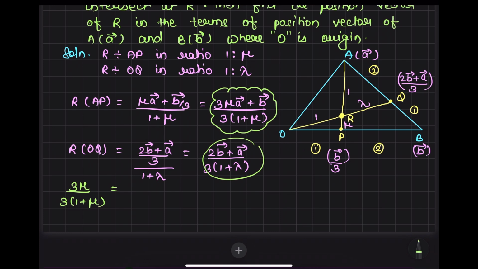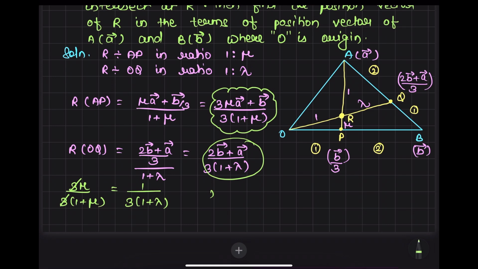The coefficient of A from this part is 1 by 3 times (1 plus lambda). Okay, we will keep this as it is. Later we will solve. Now we will compare B.